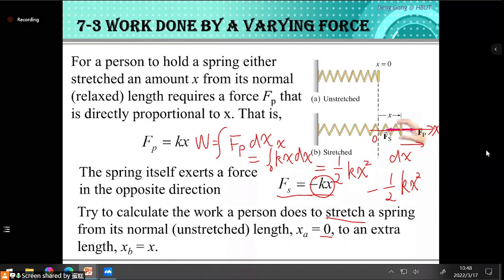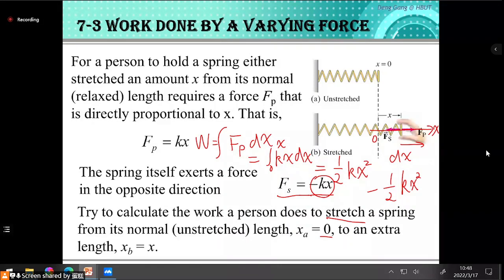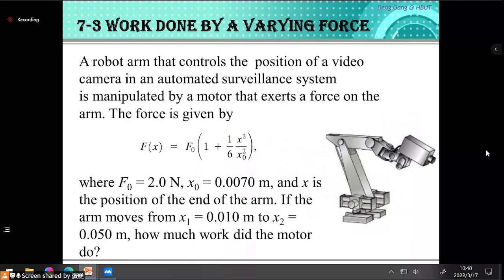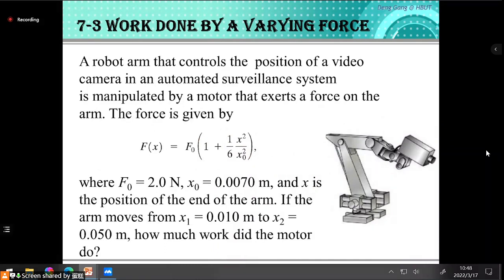So it's minus half kx squared, the work done by the spring. That's the same amount but a different sign. Okay, so now we know if it is a one-dimensional problem, we can use the integration to help us calculate the work done by this varying force.